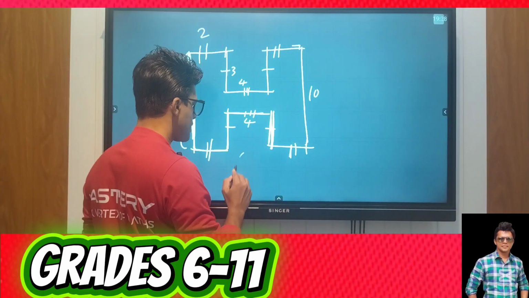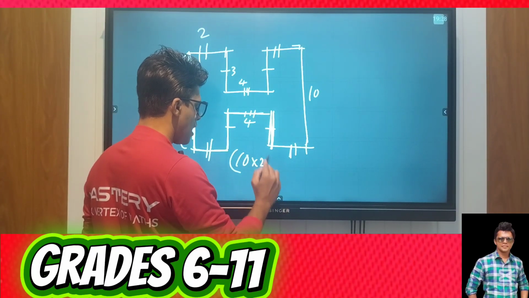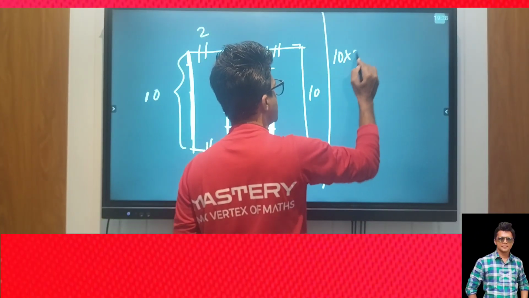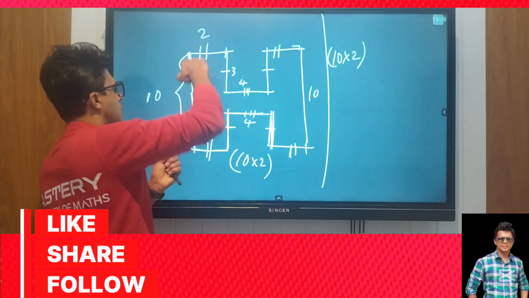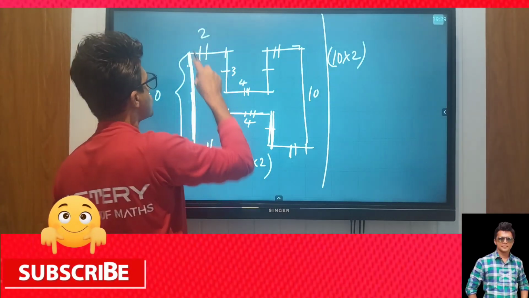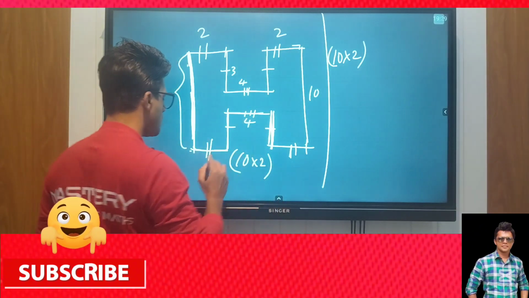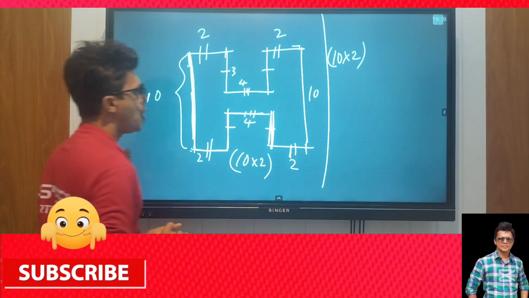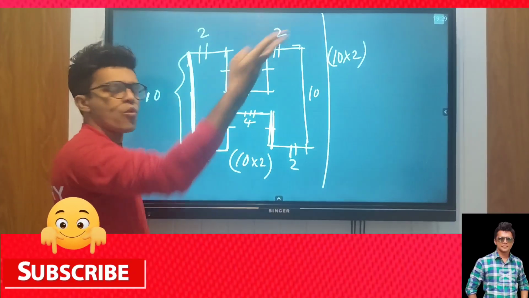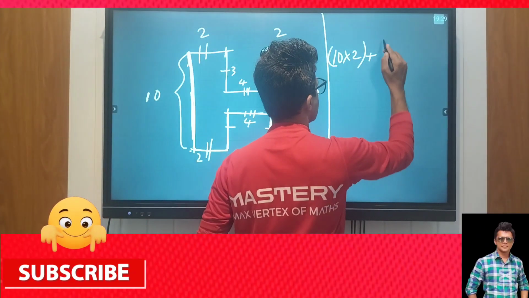I mean 10 plus 10, this 10 and this 10. After that, here 2, here 2, here 2, here 2. How many 2s? 2 times 4, plus 2 times 4.